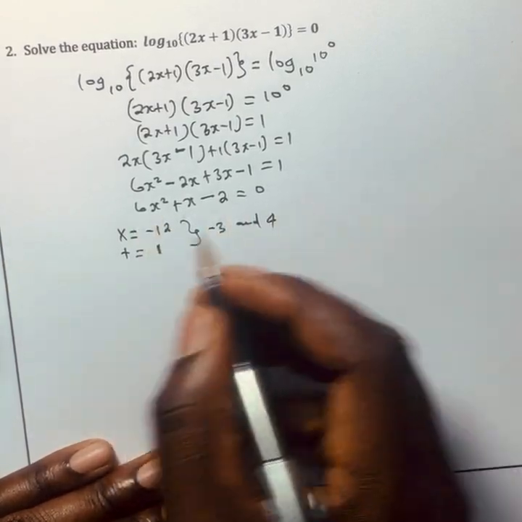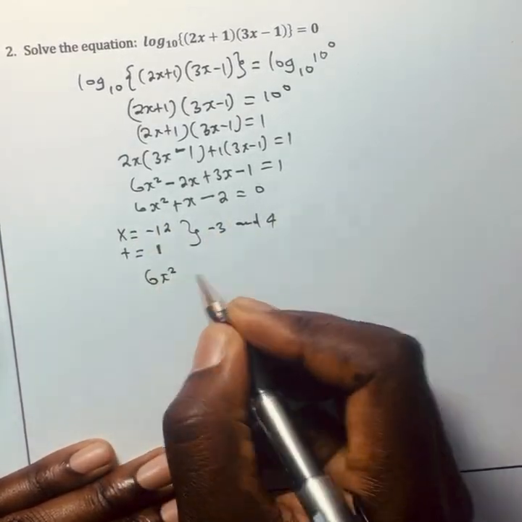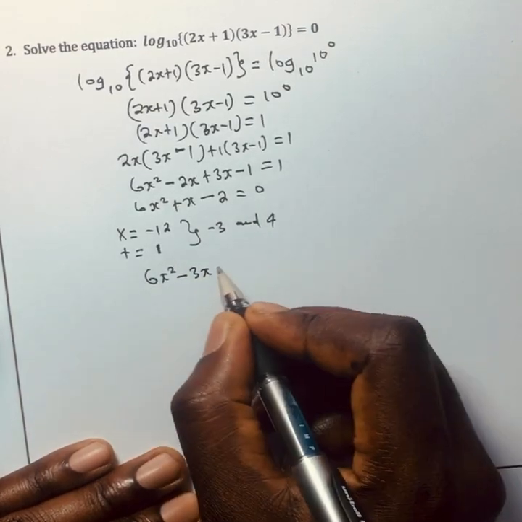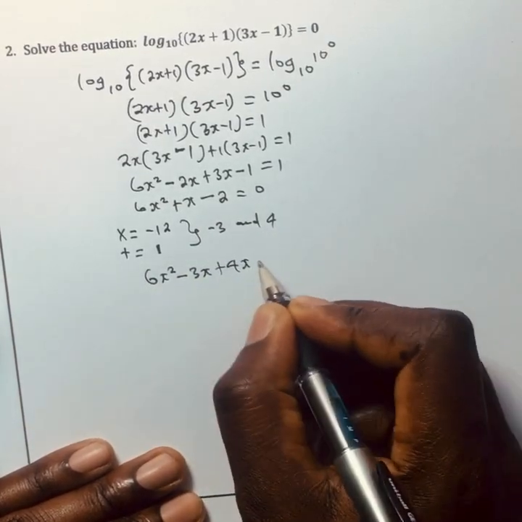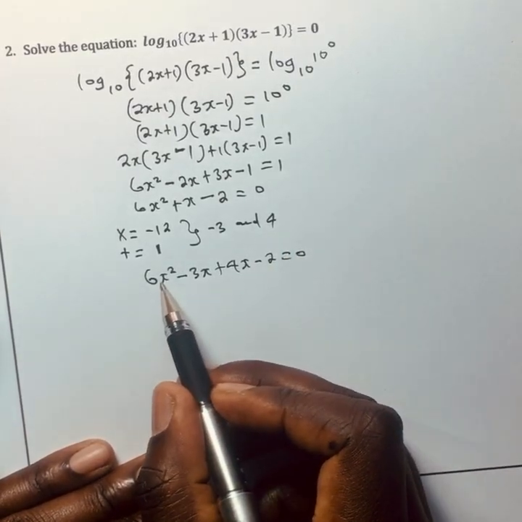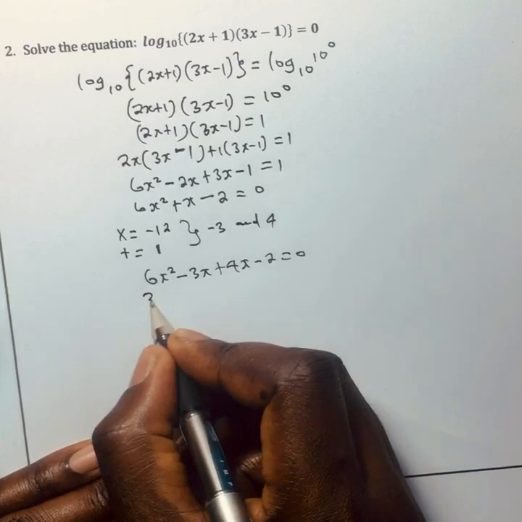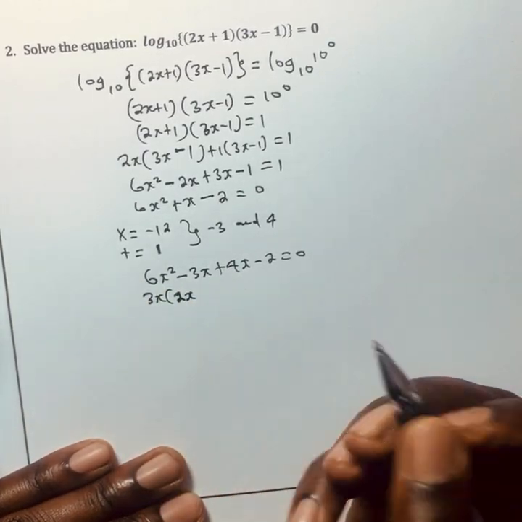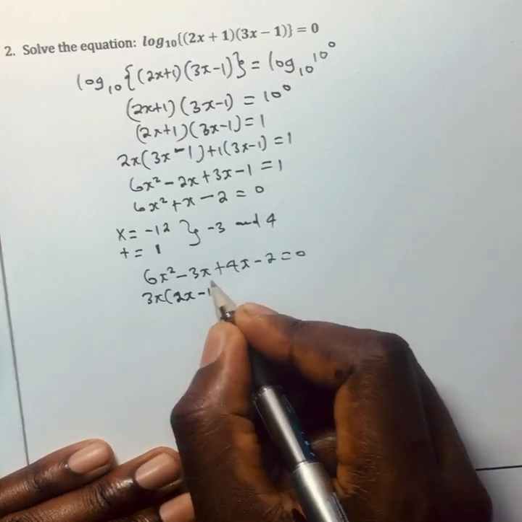So we write this equation as 6x squared minus 3x plus 4x minus 2 is equal to 0. So the common factor between this and this is 3x. So we have 3x into 2x minus 1.